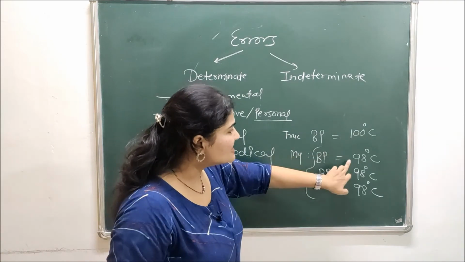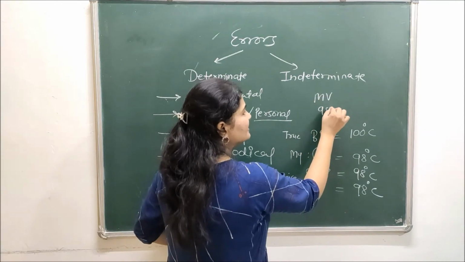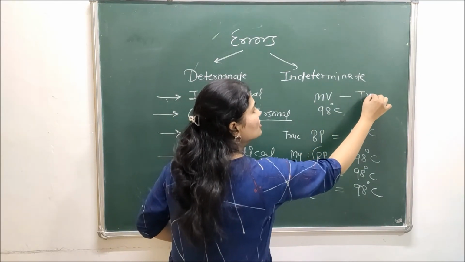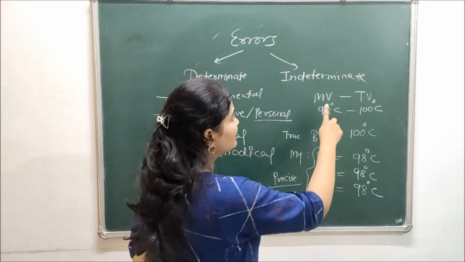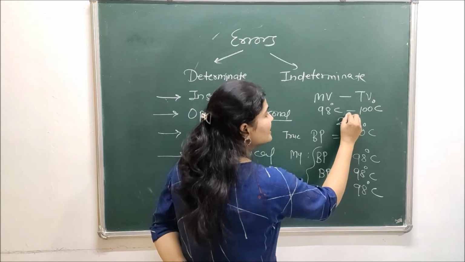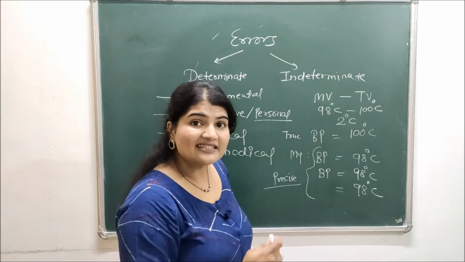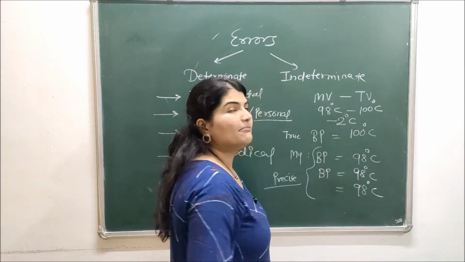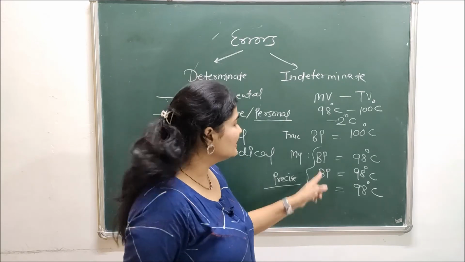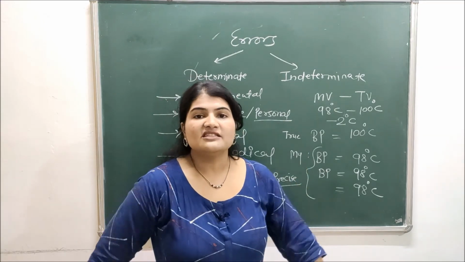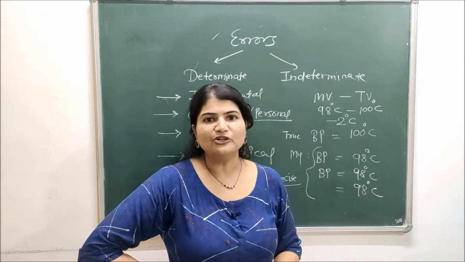For example, in this case, my measured value is 98 degrees centigrade and my true value is 100 degrees centigrade. So the difference between these two is 2 degrees centigrade, and with respect to sign, my value is less. So I'll write it as minus 2 degrees centigrade. This is nothing but the absolute error in this experiment. So this is how you can express the accuracy in terms of absolute error.